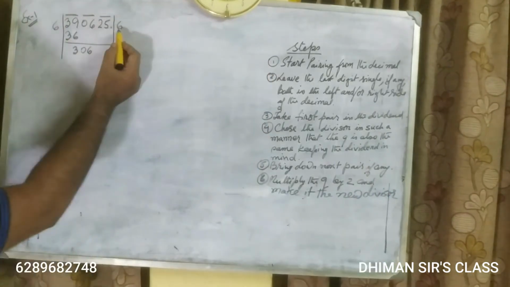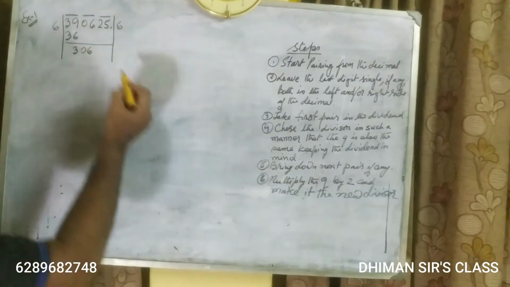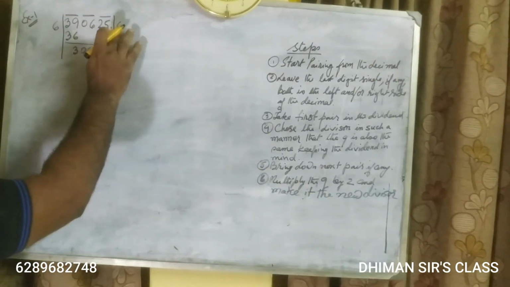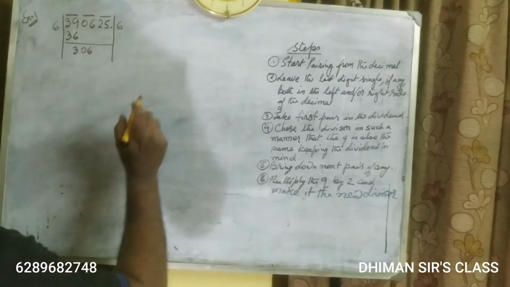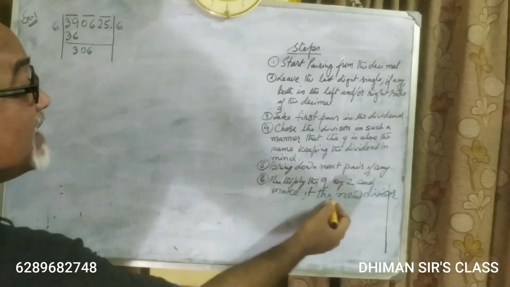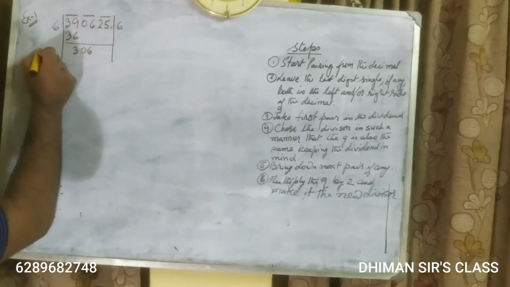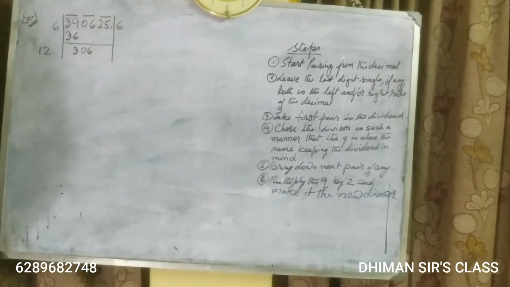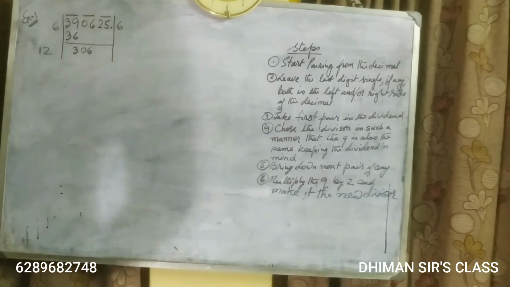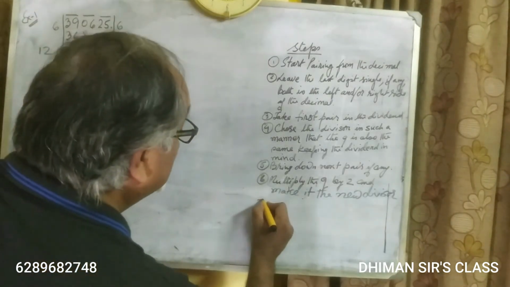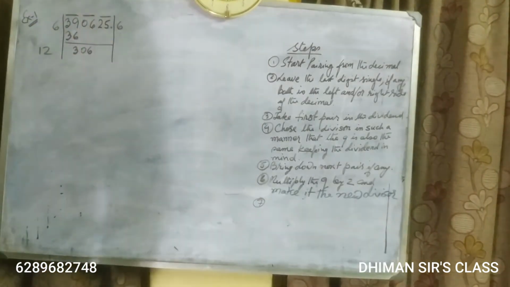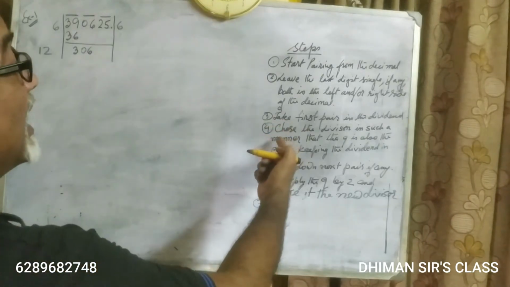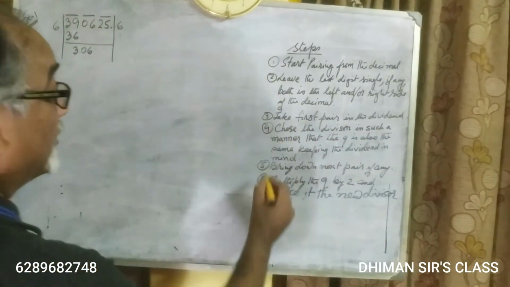What is the quotient here? 6. Multiply this 6 by 2 and make it the new divisor. 2 sixes are 12, so we got 12. Now step 7: choose the divisor in such a way as in step 4 onwards. Repeat.